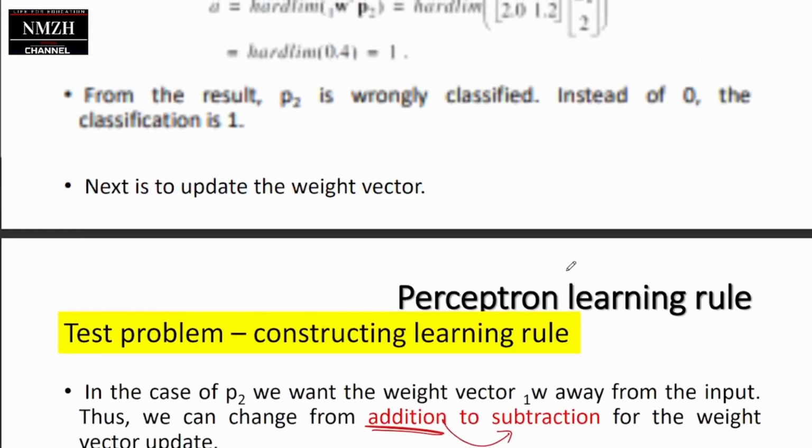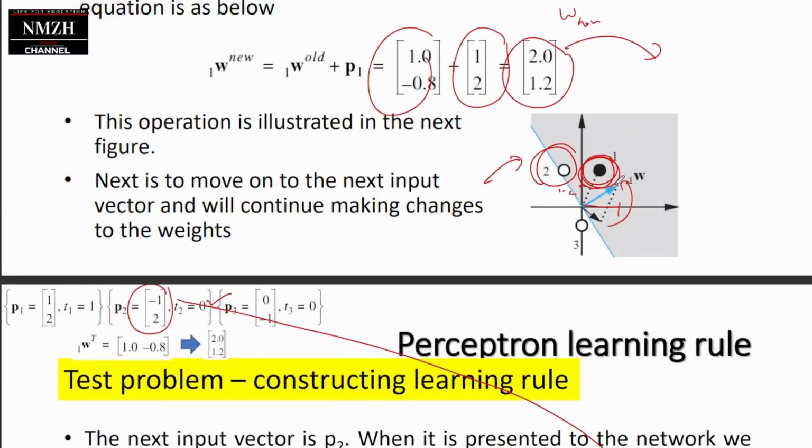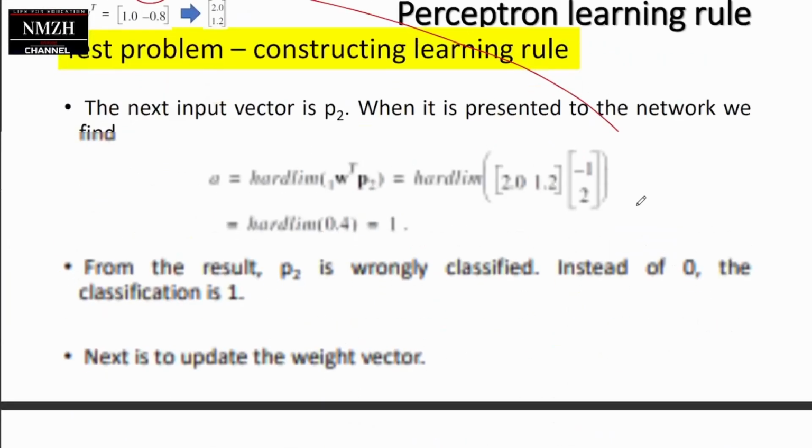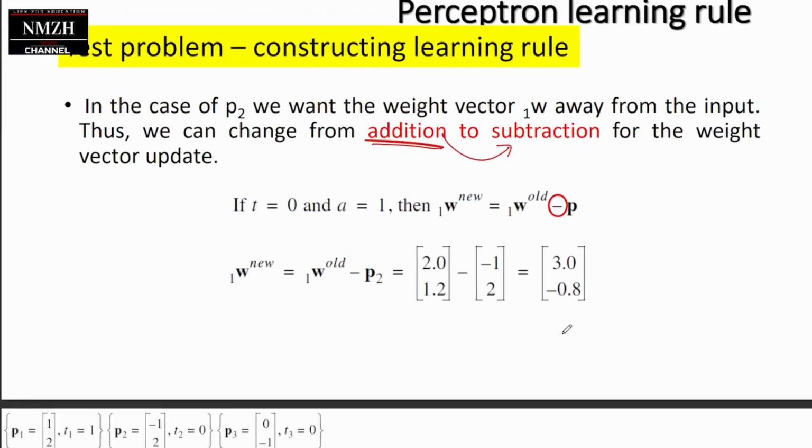So remember, guys, for this one we did addition, right? Now we do subtraction in order to move the weight away from the point of input. Okay, so we subtract them: the current weight minus the second input, minus 1, 2.